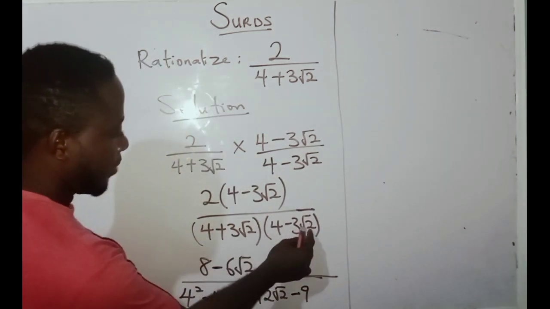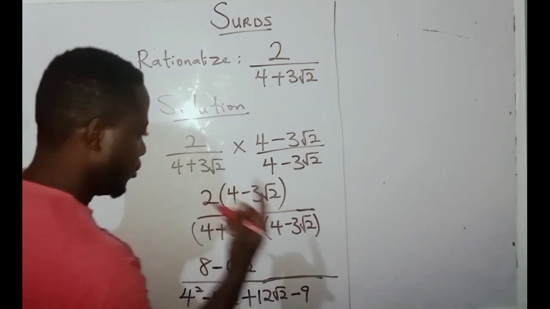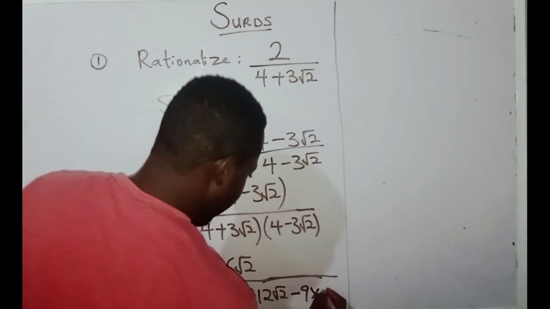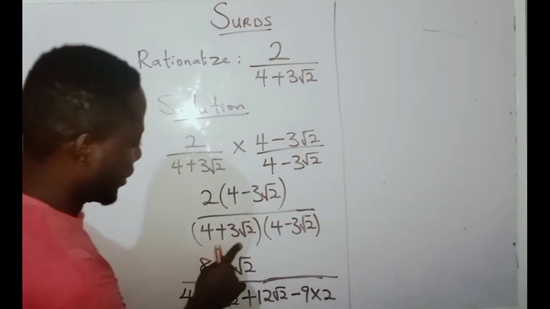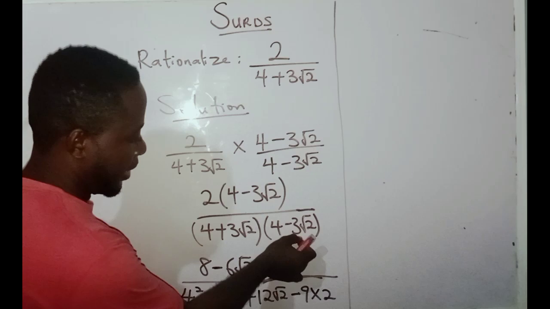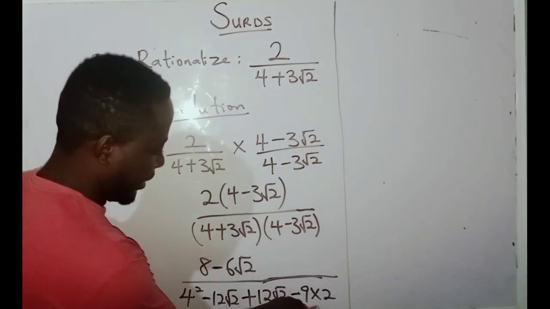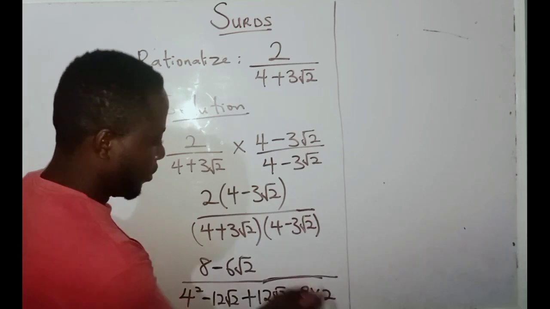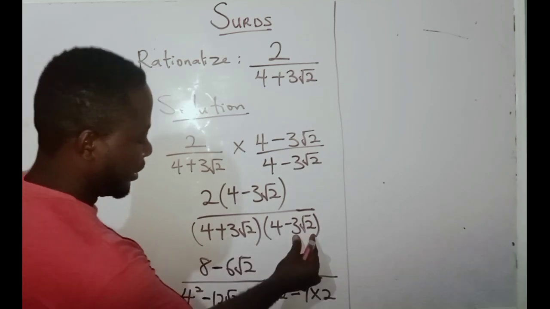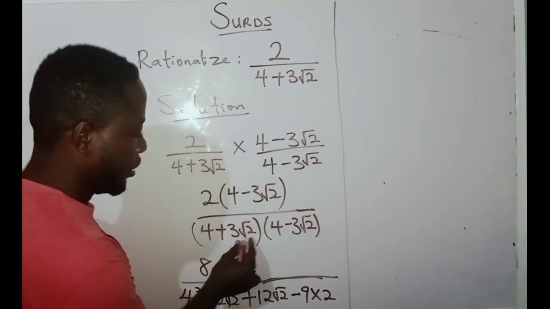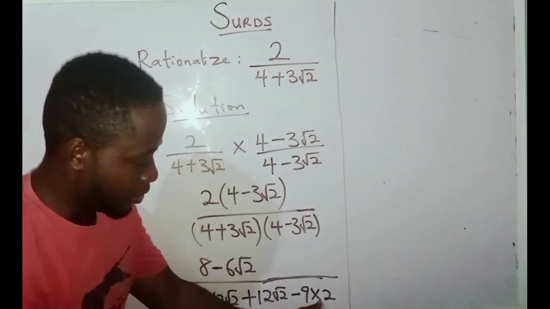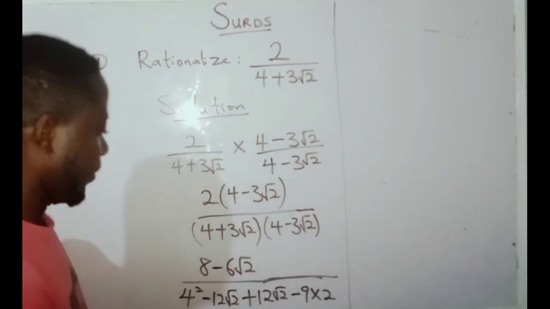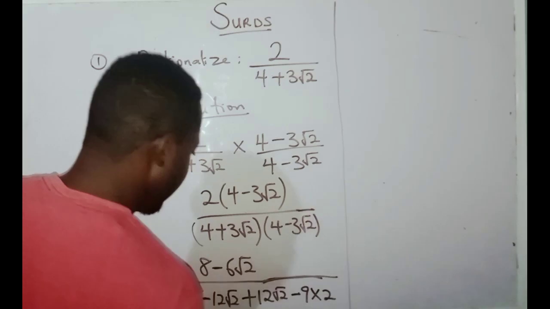Root 2 multiplied by root 2 will give us 2. So this is going to be times 2. Don't forget the root 2 is attached to the 3, so it's going to be times 2. They are together. Alright, now let's proceed.